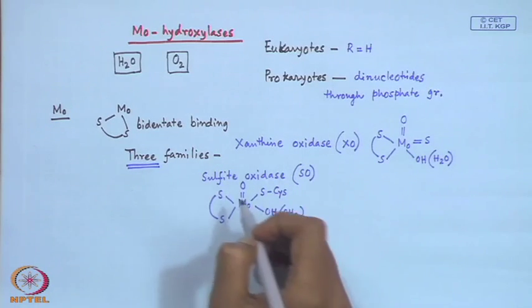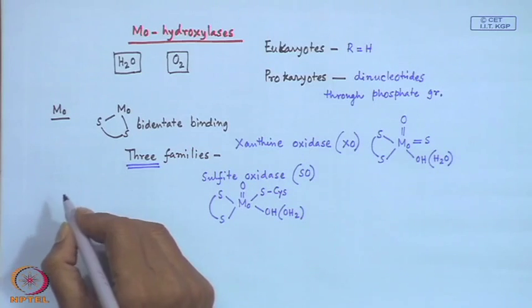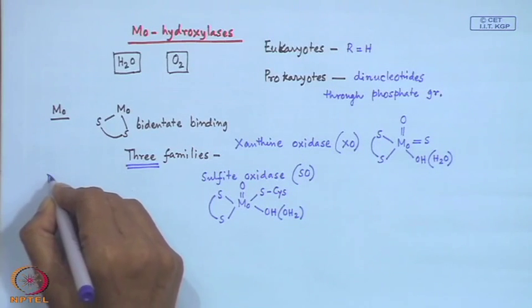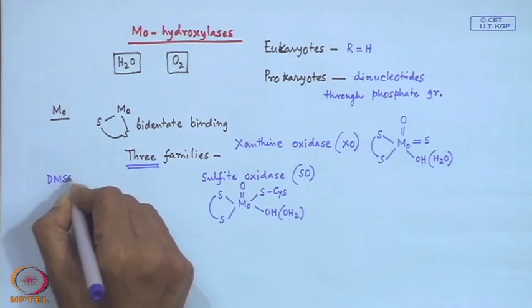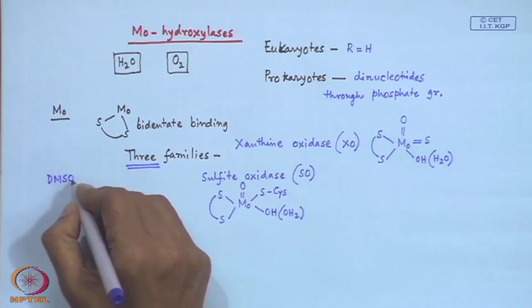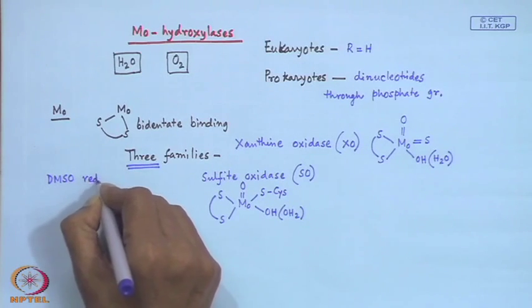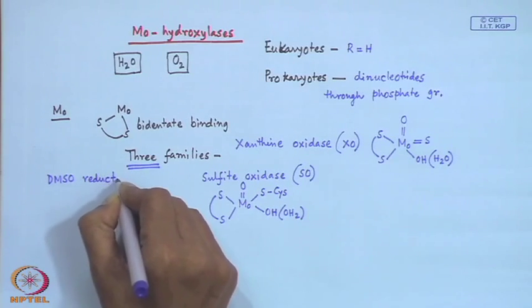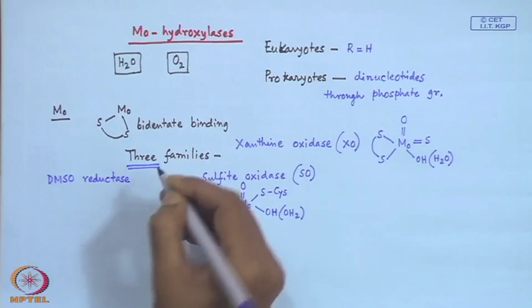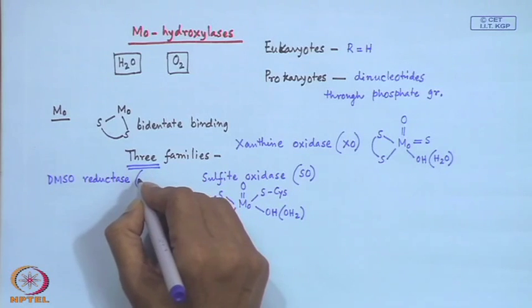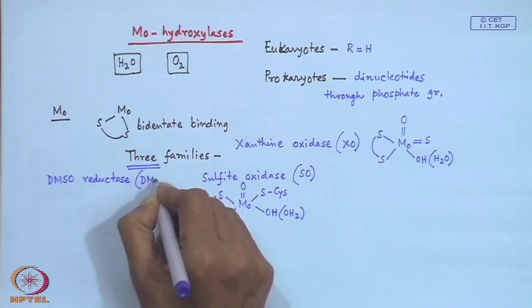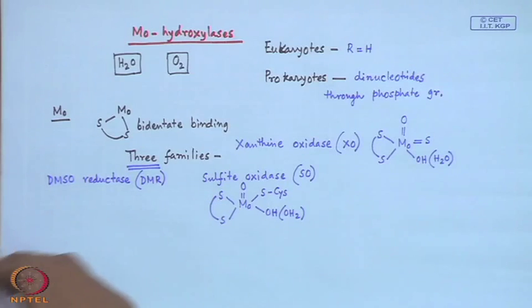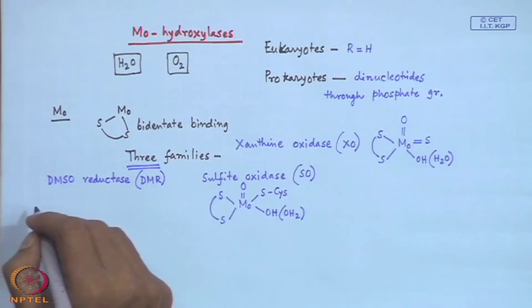So, we are talking about 3 such families. One is xanthine oxidase, another is sulfite oxidase, and the other one is DMSO reductase, which is abbreviated as DMSOR.